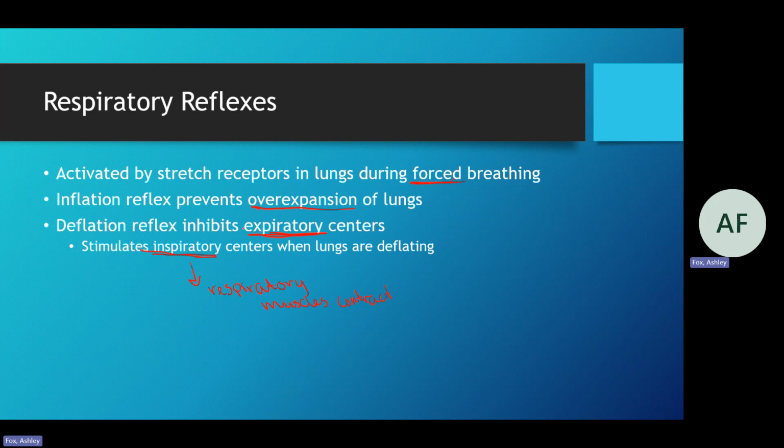It's a natural thing: you want to stop deflation, so you stop expiration, and you want to inflate again, which is inspiration.